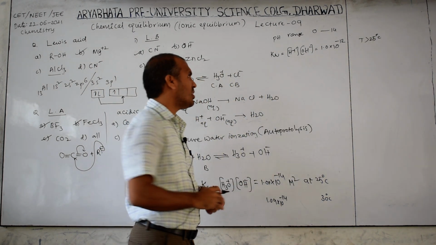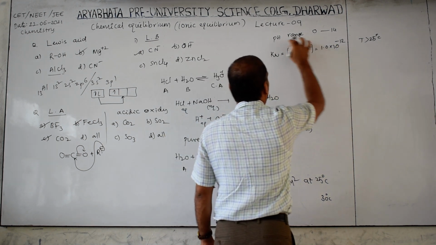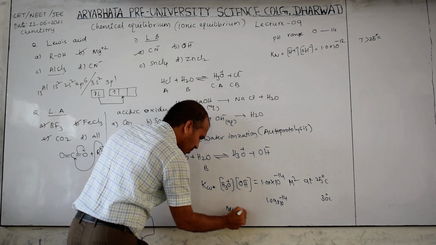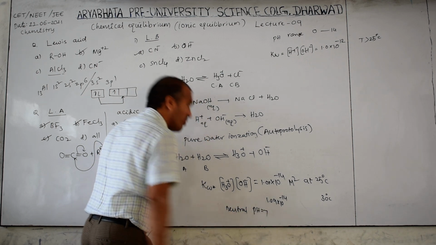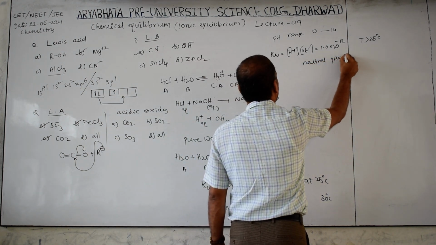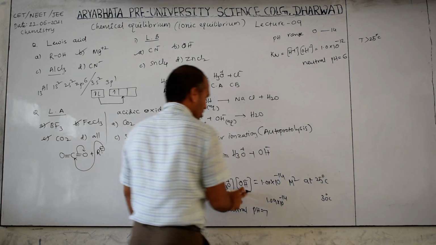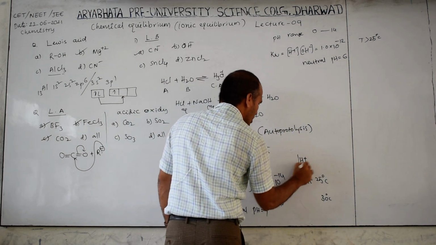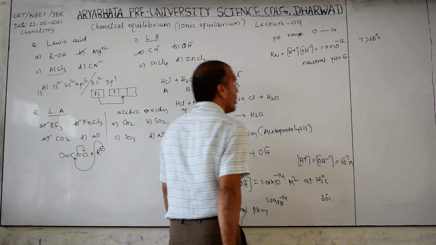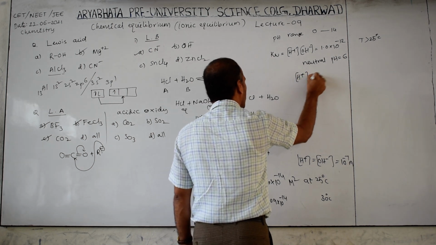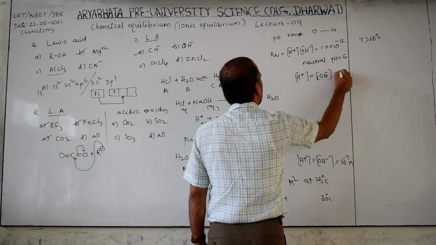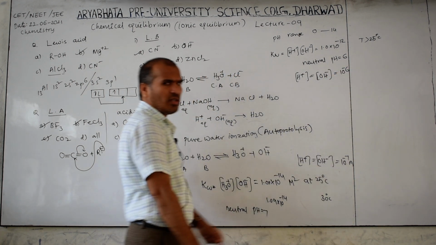Kw value increases, so this time, according to this, the neutral condition is pH equal to 7. According to this, the neutral condition is pH 6, because according to this formula, H+ ion concentration is equal to OH- ion concentration, which is 10 power minus 7 M. According to this, H+ ion concentration equals OH- ion concentration, equal to 10 power minus 6.